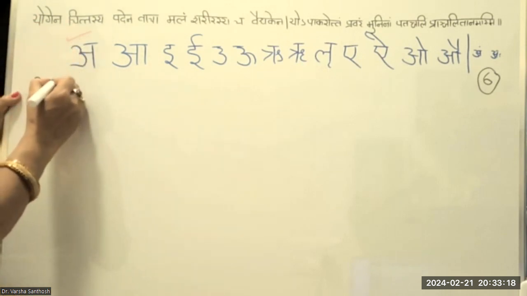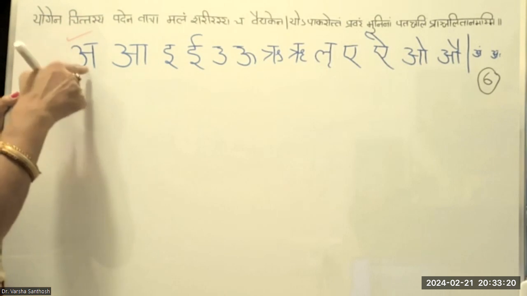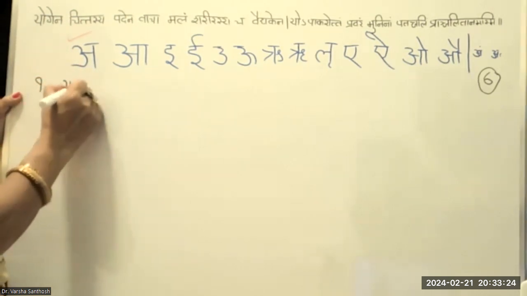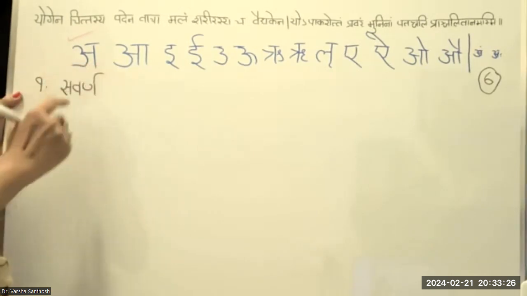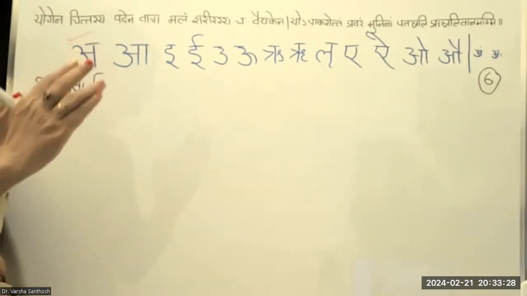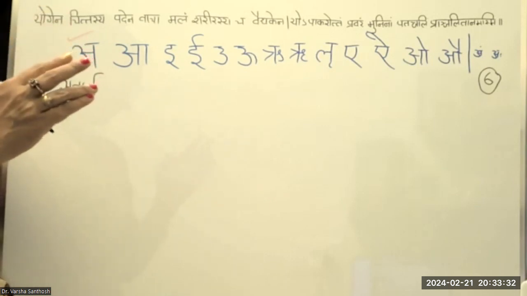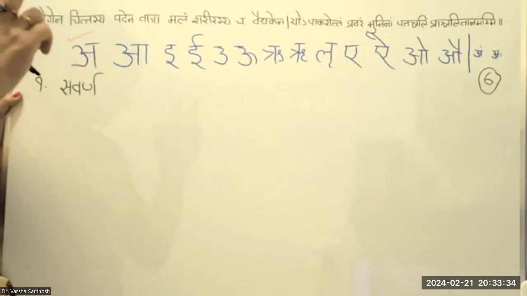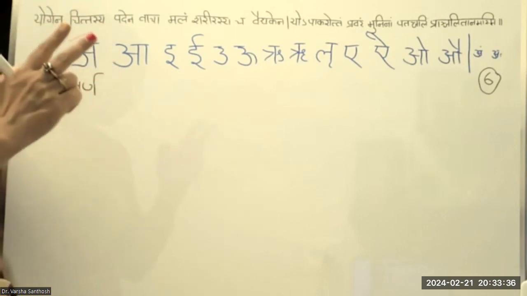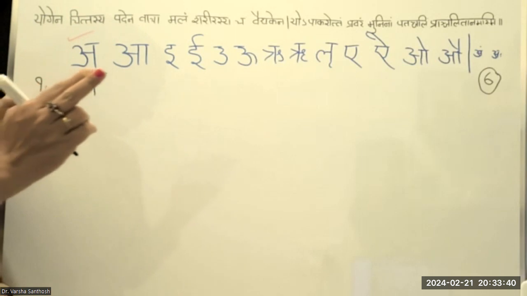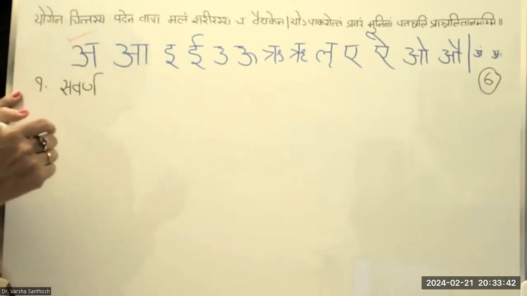So when they are similar, that varna, that alphabet is similar, it is called Savarna. Savarna means it is of the same kind. That's swara joining with itself. When such similar alphabets join, then dirgha happens.